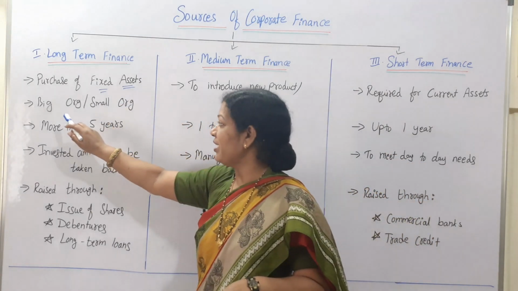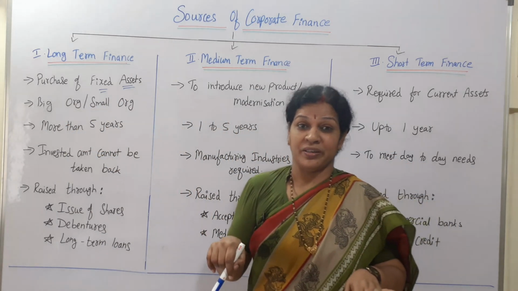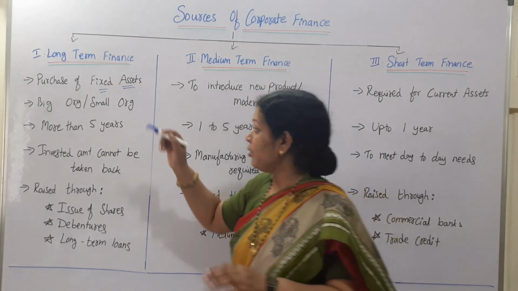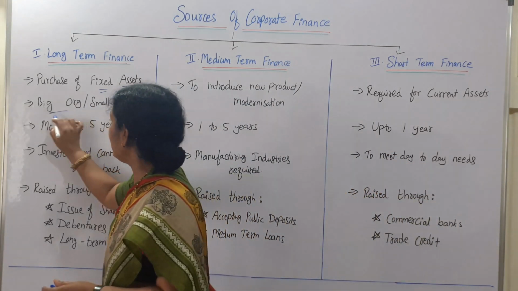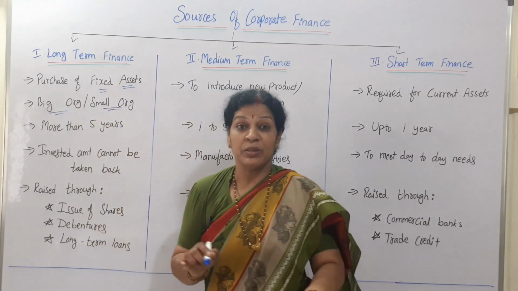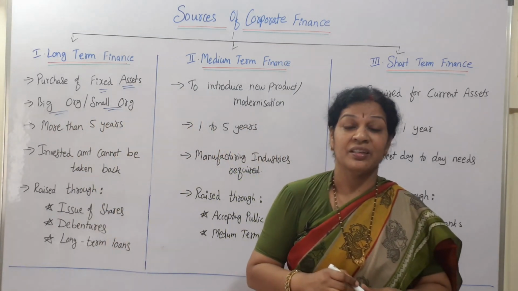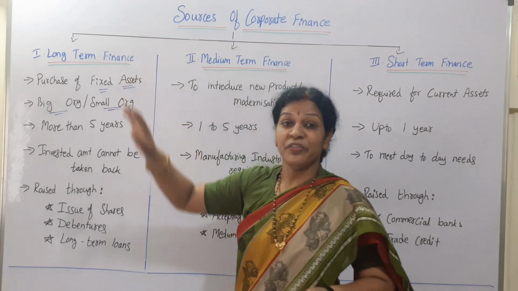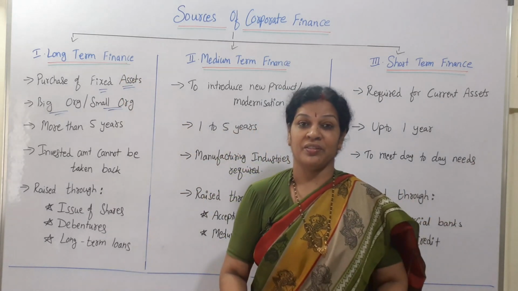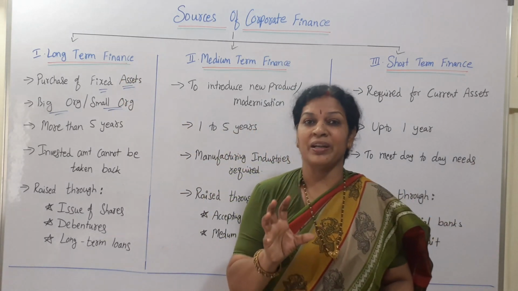And the next one is to whom long-term finance is required. It always depends on whether it is a big organization or a small organization. If the organization is big, they require more long-term finance. If the organization is small, they require less.